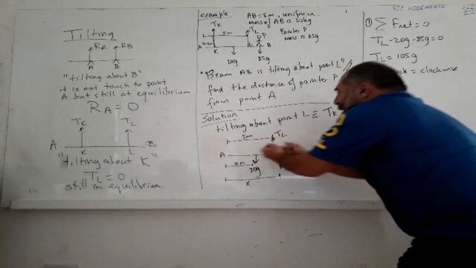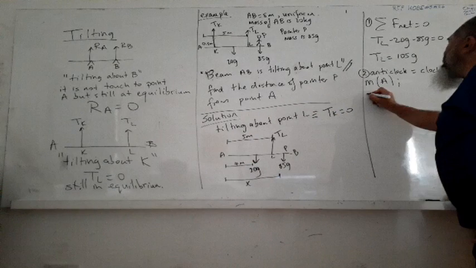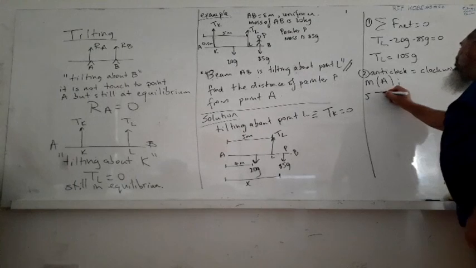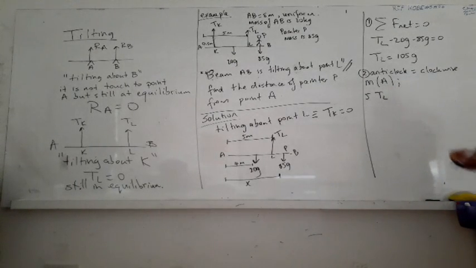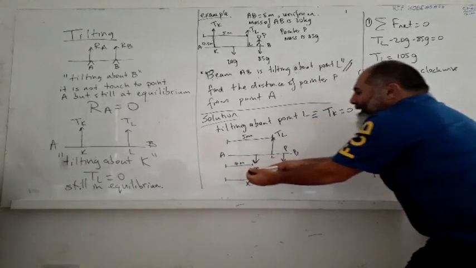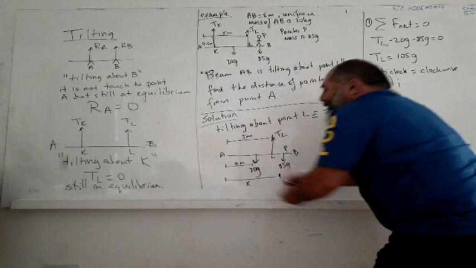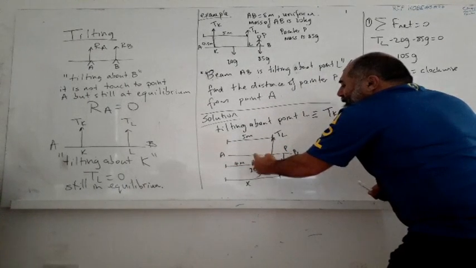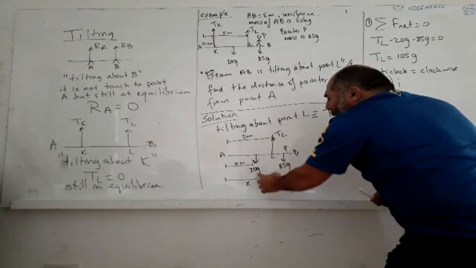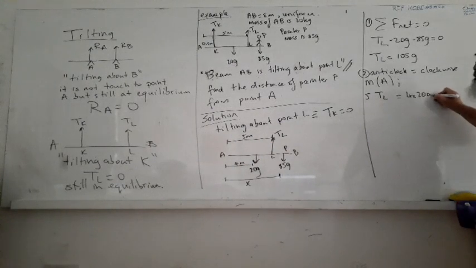What is its distance from A? 5. What is the force? The tension TL. What are the clockwise forces? The weight of the beam, 20 G, tries to turn the beam in clockwise direction. What is the distance from A to the midpoint? It is 4 meters. So 4 times the force, 4 times 20 G.